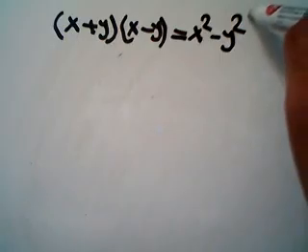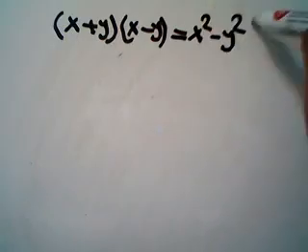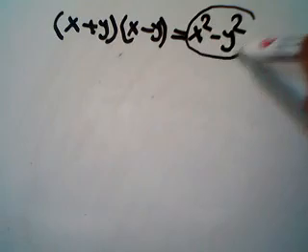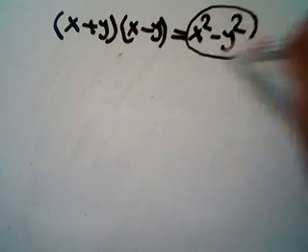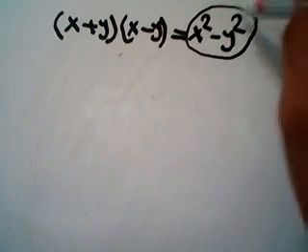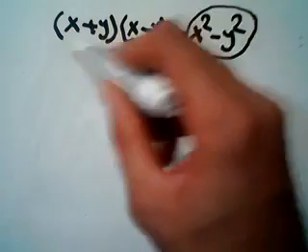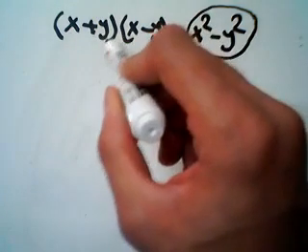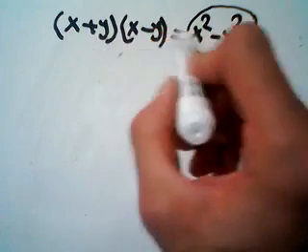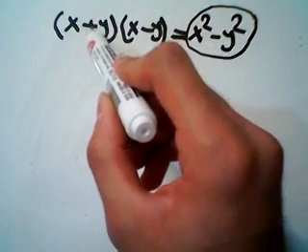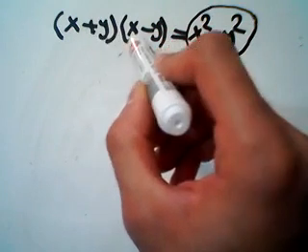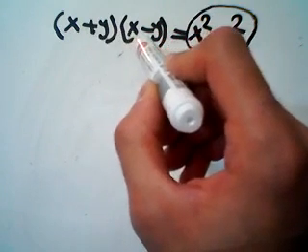You could use it wherever you see such an expression. In order to factor it, you could write it as this product, the product of their sum times their difference.